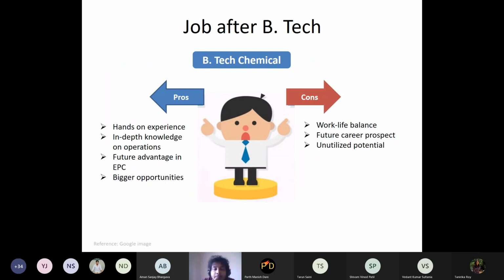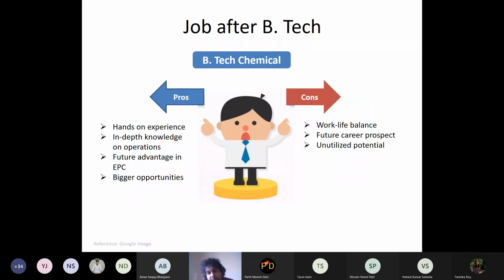First of all, if you are passionate about hands-on experience, yes, jobs in the chemical engineering plant give very good experience. And I forgot to mention one more thing: chemical engineering is a very versatile topic. It has application everywhere.